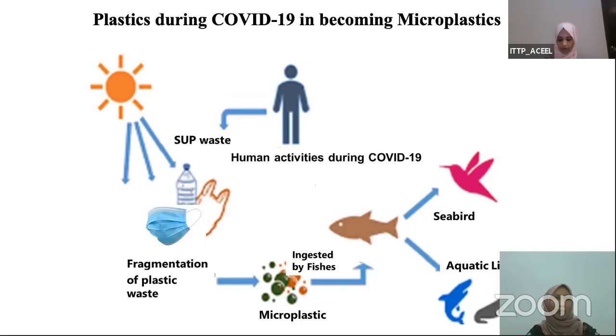Once the plastic is littered or becomes waste, it will continue the degradation process and the plastic waste fragments become microplastic, resulting in ingestion by fish or other organisms.